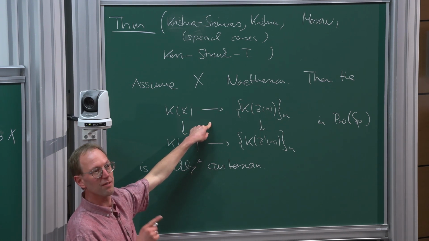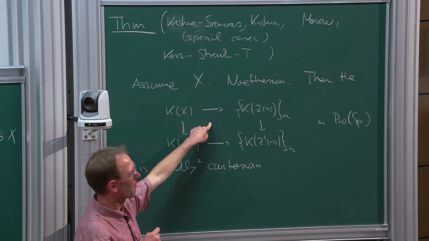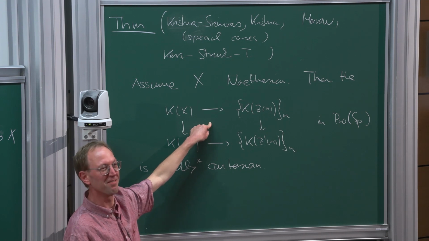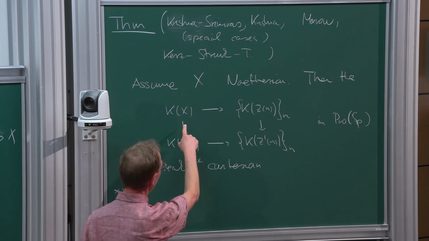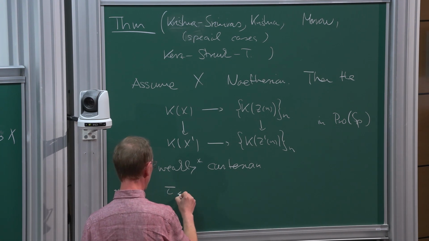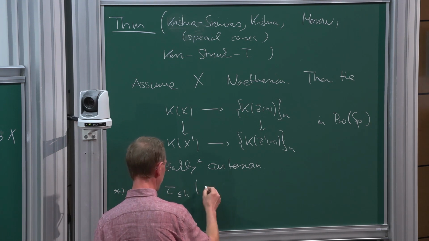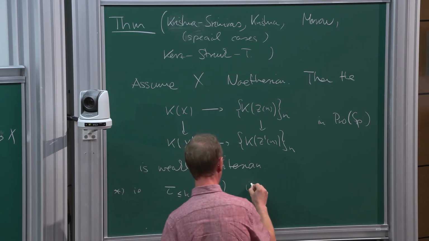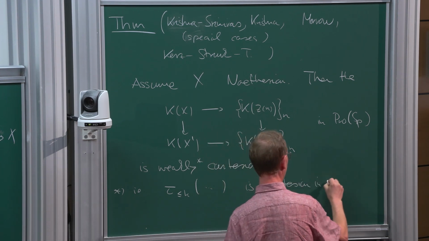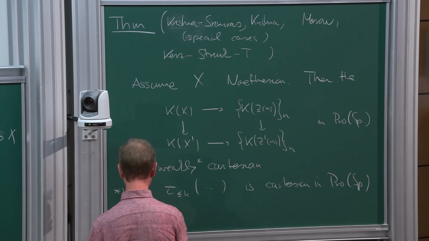And this map is only a weak equivalence. It turns out it is an equivalence, but we proved only it's a weak equivalence, which means that after you truncate the whole diagram, so tau less than or equal to k of the whole diagram, this is really Cartesian in this category of prospectra for every k.